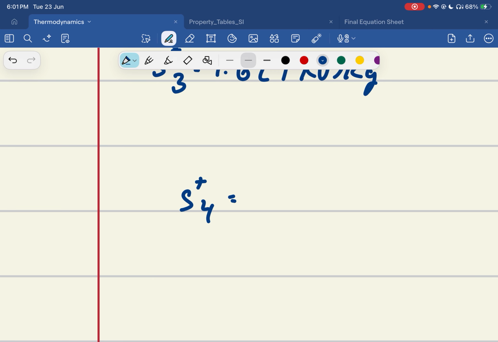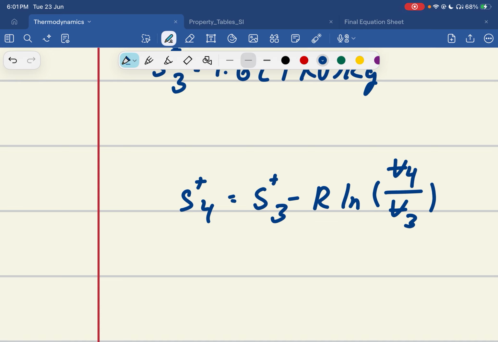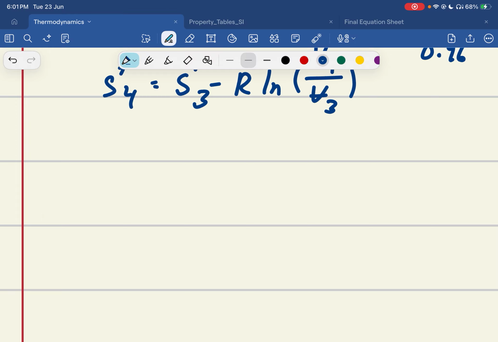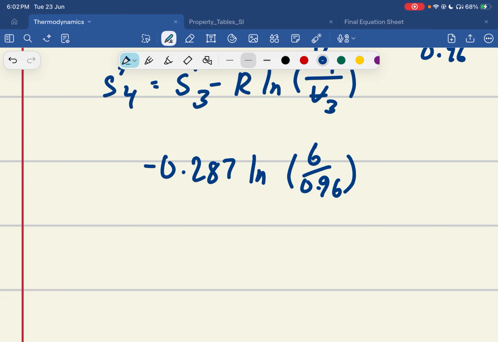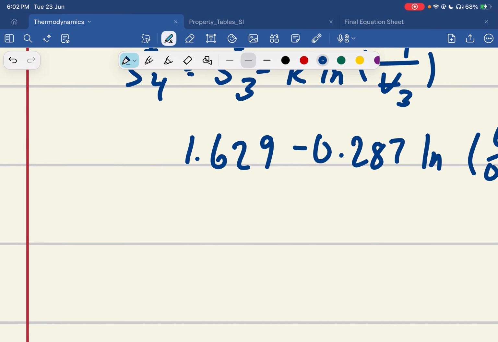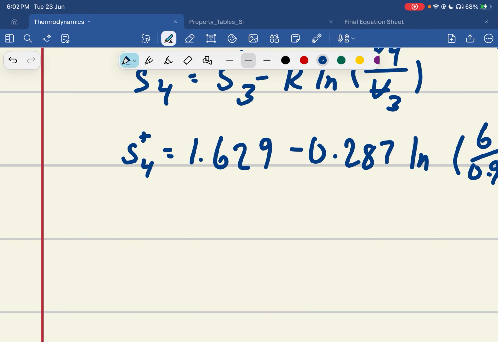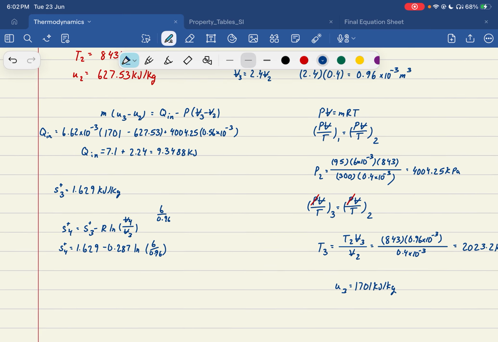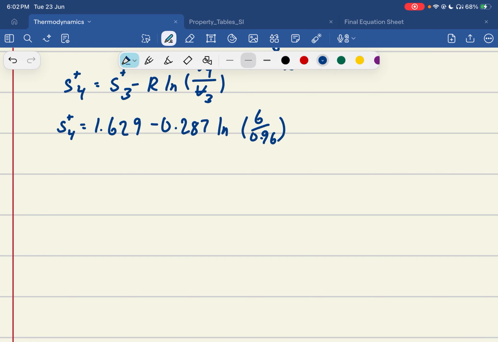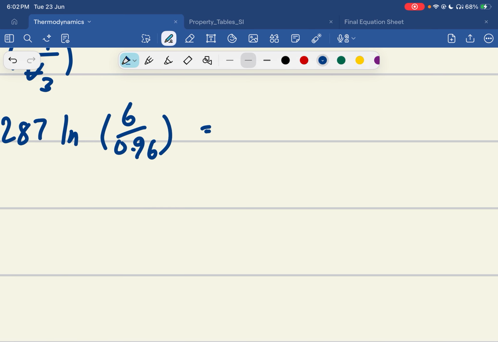So S plus 4 equals S plus 3 minus R ln of V4 over V3, which is just 6 over 0.96. And you get a value of 1.103.